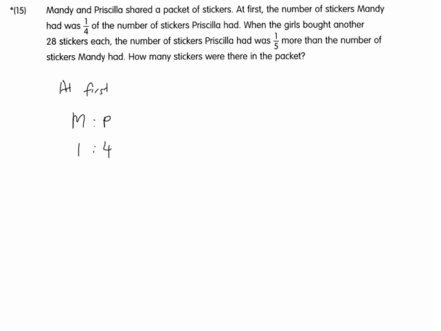Next, the girls bought 28 stickers each. The number of stickers Priscilla had was 1/5 more than the number of stickers Mandy had. Okay, so this is after. So this is a slightly trickier ratio. What is the ratio in this case, Ernest? Sorry?